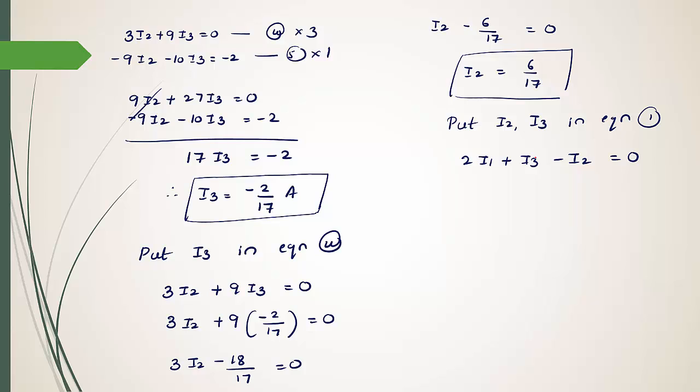Now let us substitute the values. We will get I1 value. 2I1 keep as it is, plus I3 is how much?